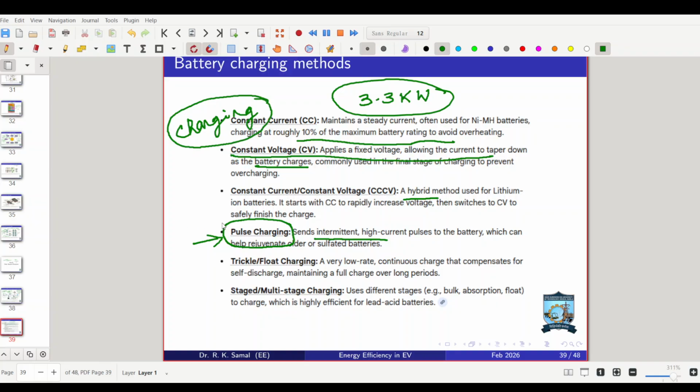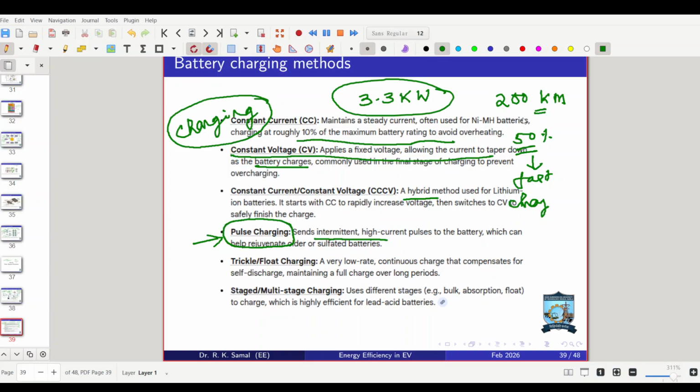Suppose you have done slow charging at home with a 3 kilowatt charger and your car shows a 200 kilometer range, and when the charge is about 50%, you go to a fast charging station and do the charging. You will find that for the remaining 50%, your range might be say 20 to 30 kilometers more. So it depends on the behavior of the battery.